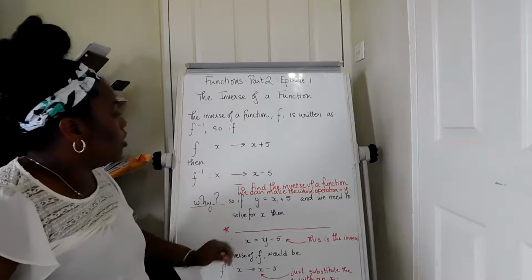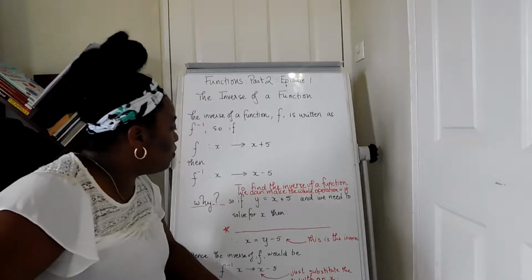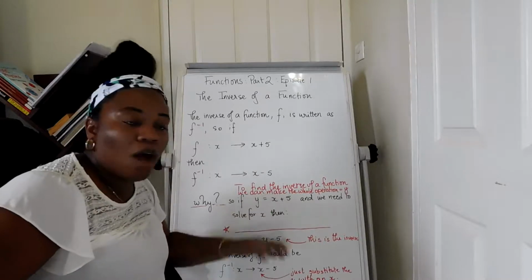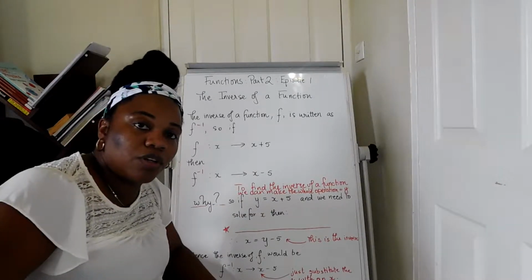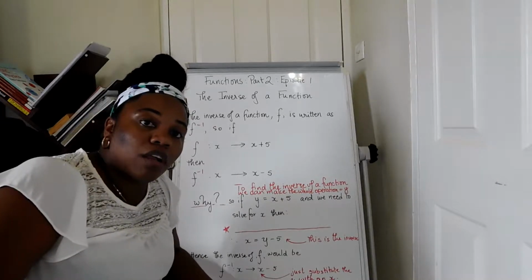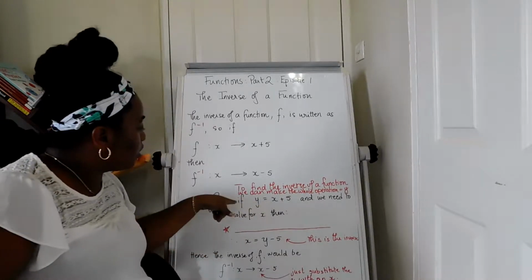Why? To find the inverse of a function, we can make the whole operation equal to y, and then once we do that, we can solve for x. So here we have an example.